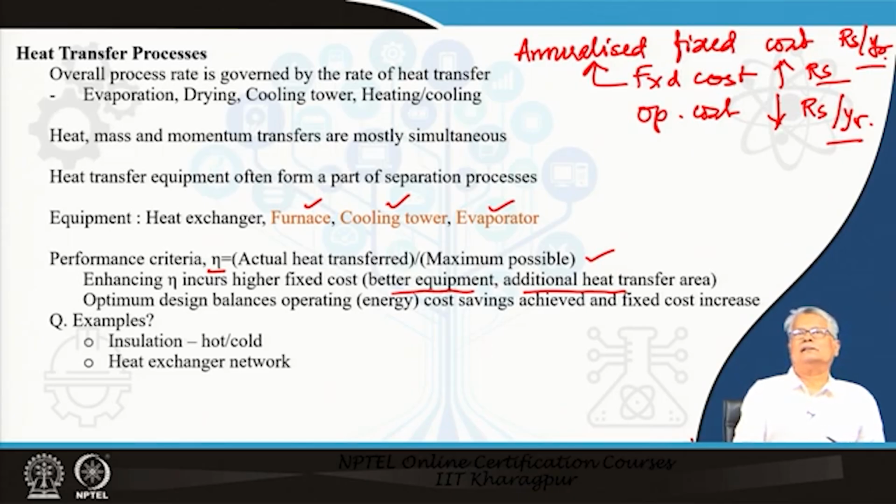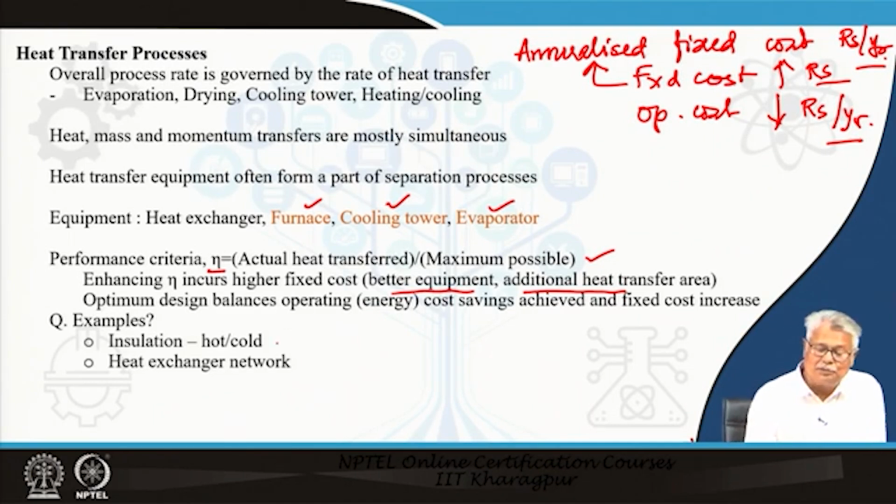Now, I had two examples with me. The first is that of insulation. Why do we insulate? We want to reduce a heat loss. That means, in this case, the performance criteria for the insulation is that better or enhanced performance of the insulation means reduction in the heat transfer. So, this is the case in which efficiency comes down, I mean the eta value comes down, but it gets enhanced.